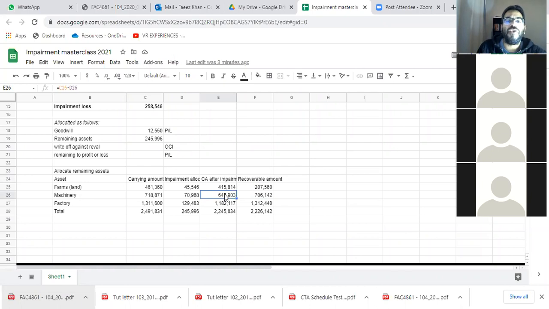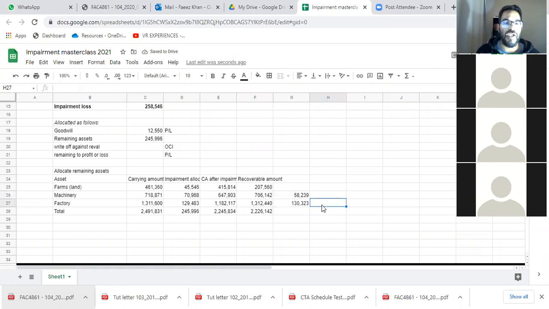So therefore we need to do a reallocation. We're going to have to reallocate 58,200. Same thing over here. The recoverable amount of the factory is more than its carrying amount after impairment. So we're going to have to do a reallocation.